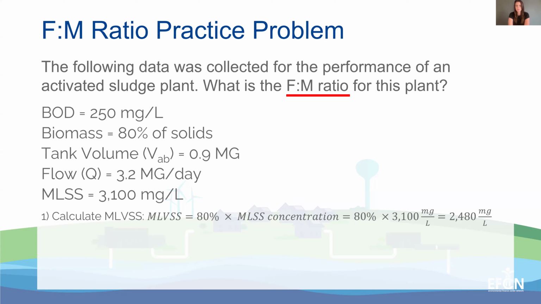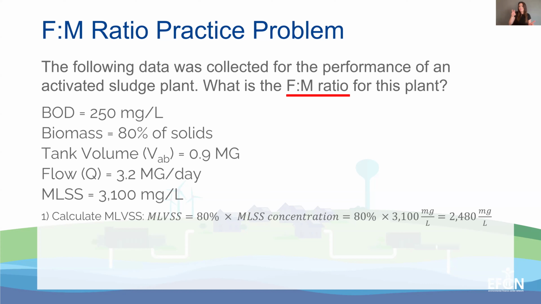All right, so as you guys can see, the most common answer is 0.36 pounds of BOD per pounds of VSS per day at 41%, and that is the correct answer. The second most common answer is 0.29 pounds of BOD per pounds of VSS per day, which is what you would get if you used the MLSS instead of the MLVSS in the equation.